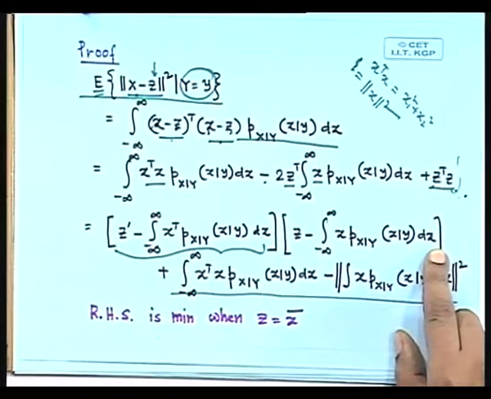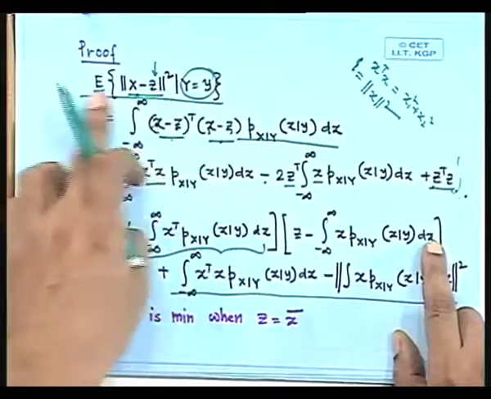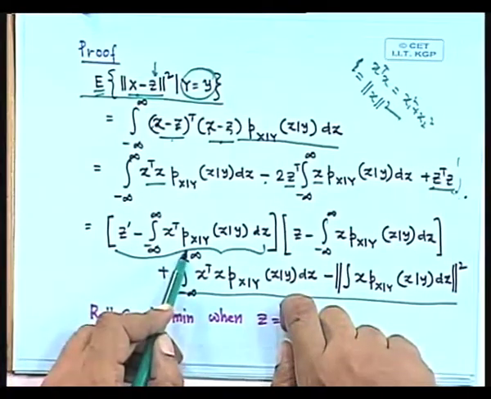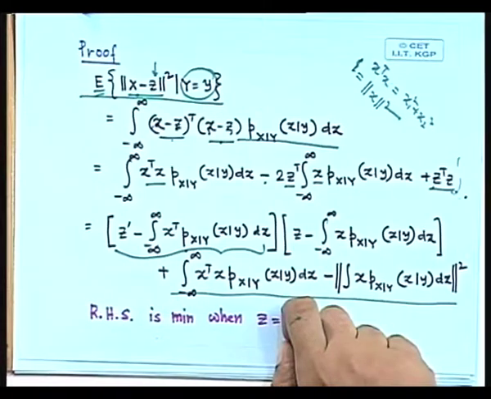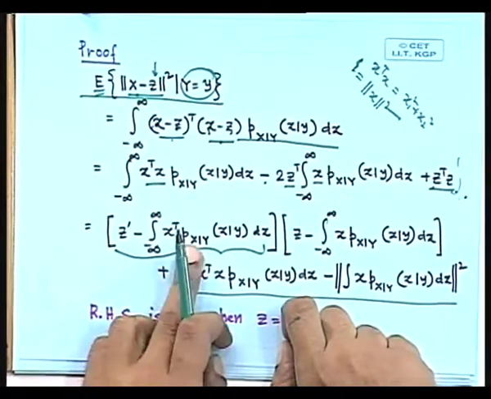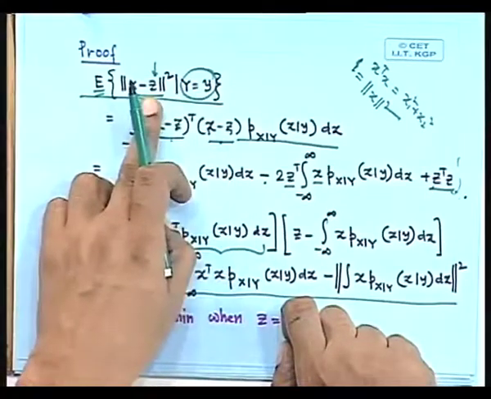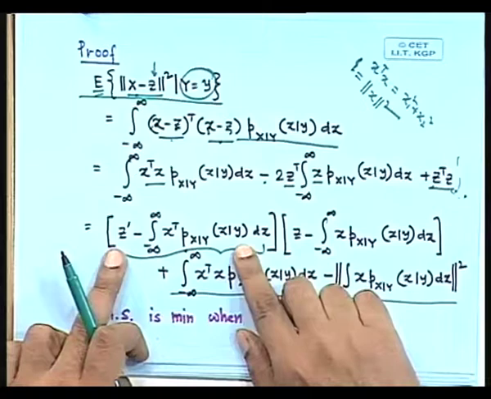So the minimum value of this is possible when this is 0, which means that z is the conditional mean. So we started with some arbitrary number z and we found that this function will be minimized only when z is the conditional mean.